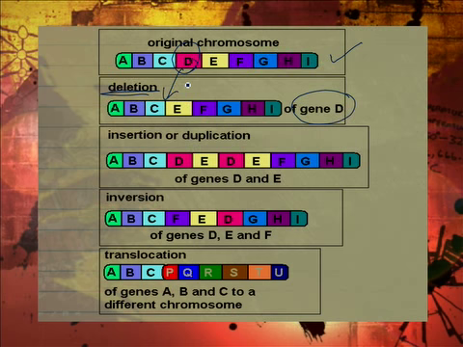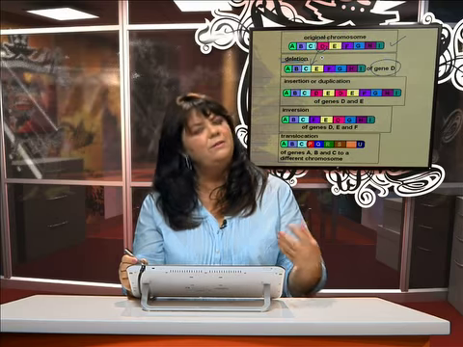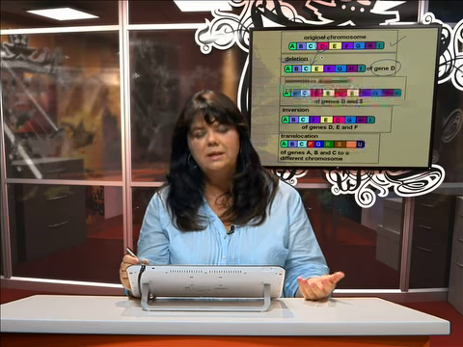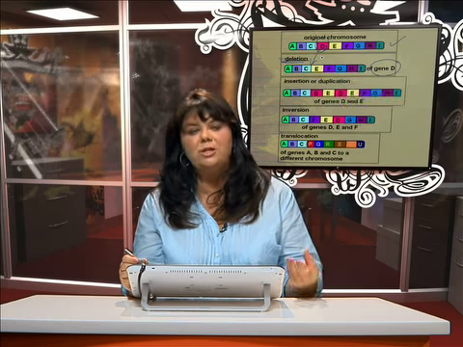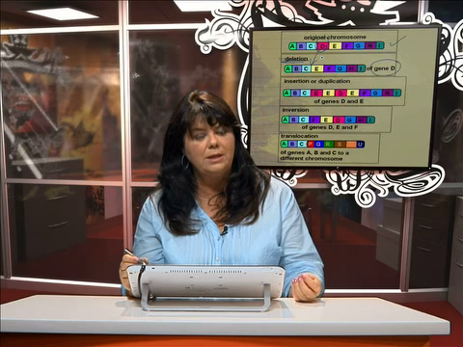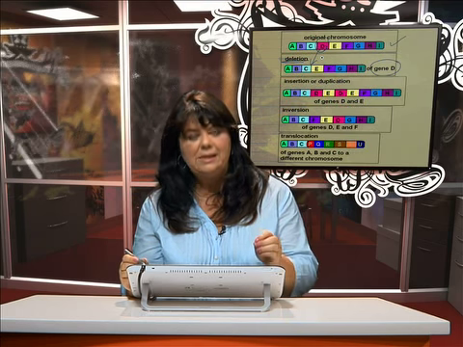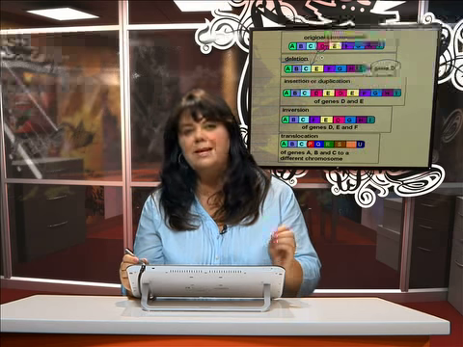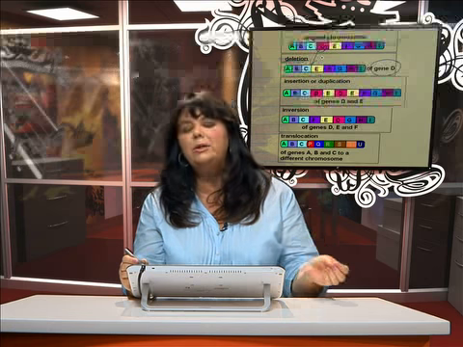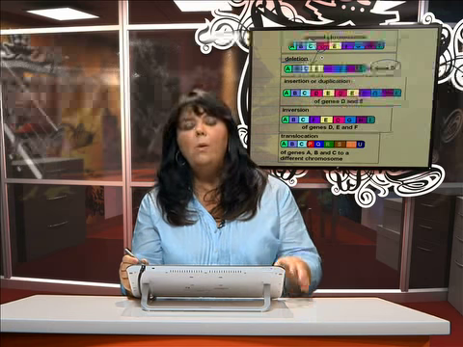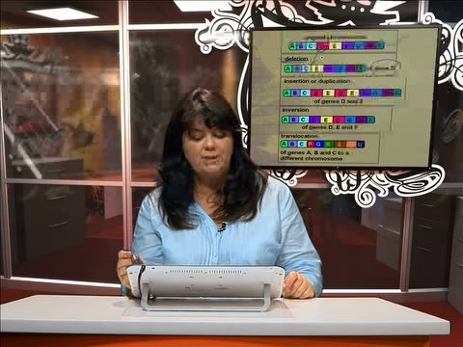Now, if gene D coded for something fairly small and insignificant, it will simply be a change in that small or insignificant protein. But if that gene D was for a hugely important enzyme, for example, in your digestive process, or an enzyme that controlled cellular respiration, then you're going to be in trouble if you don't have that gene.